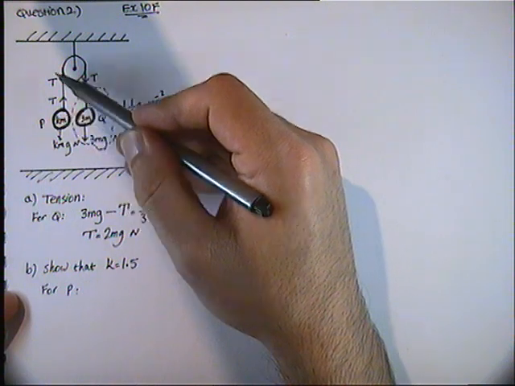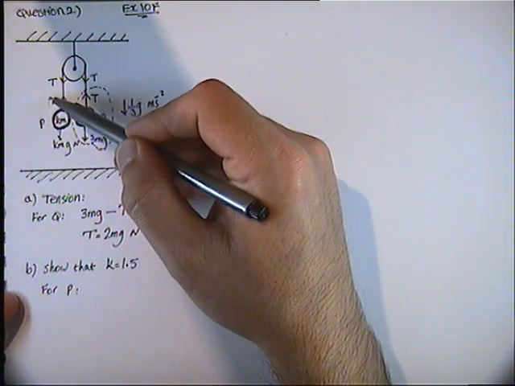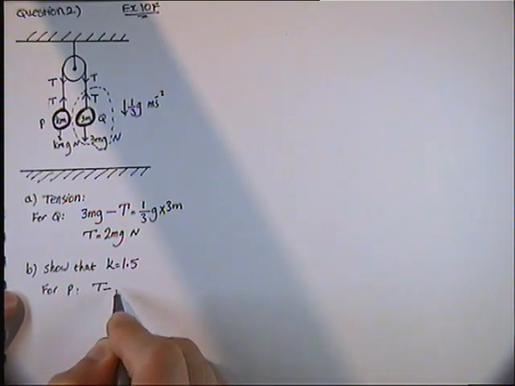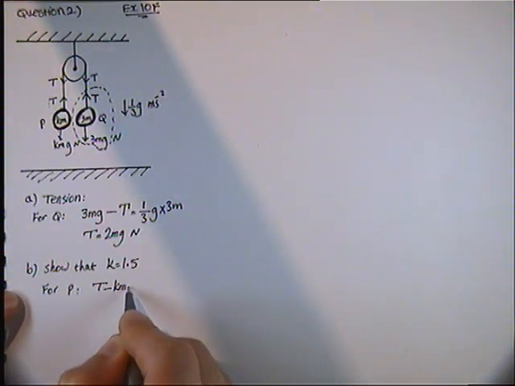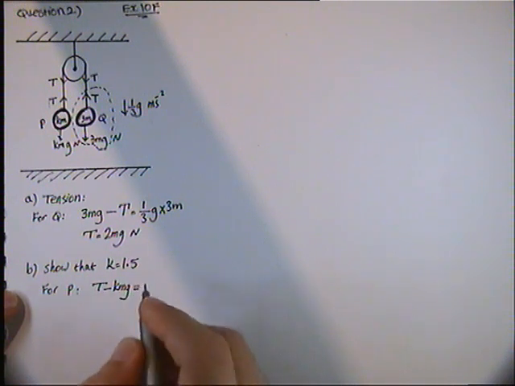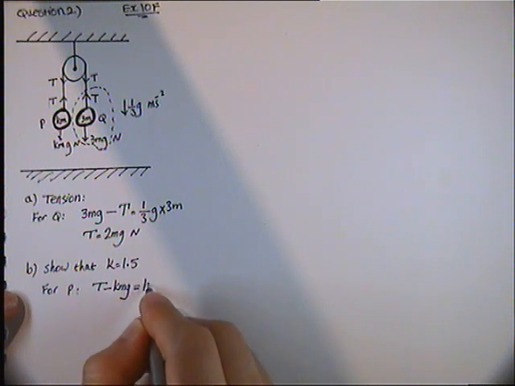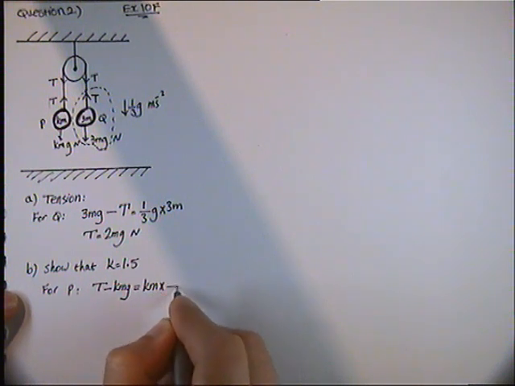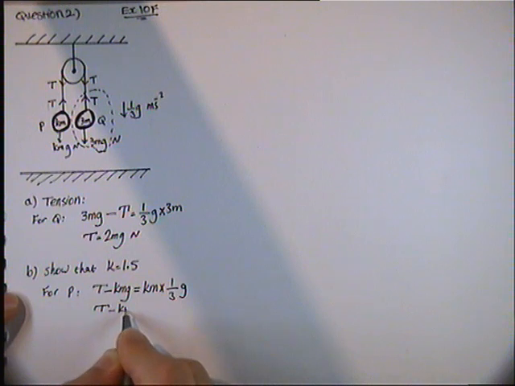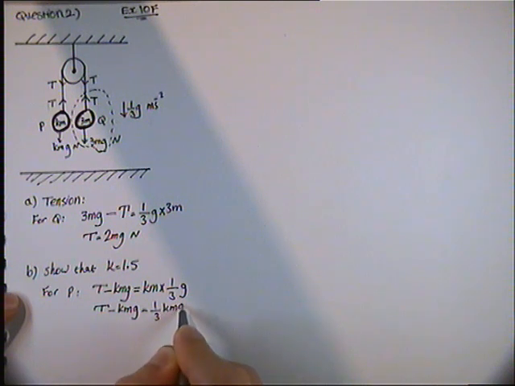Since it's accelerating upward, T is positive here and kmg is negative. Therefore, T minus kmg is equal to mass times acceleration, km times 1/3 of g. Let's simplify this a bit further: T minus kmg is equal to 1/3 of kmg.